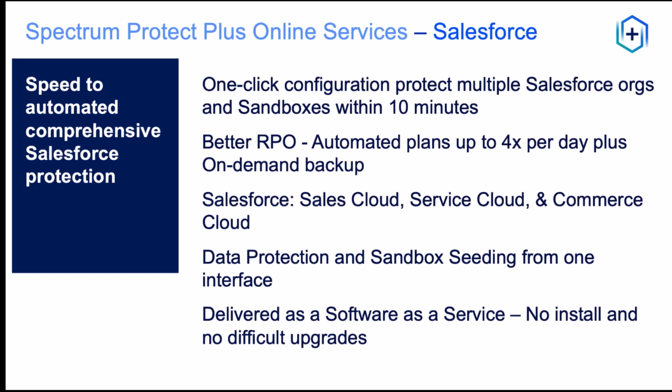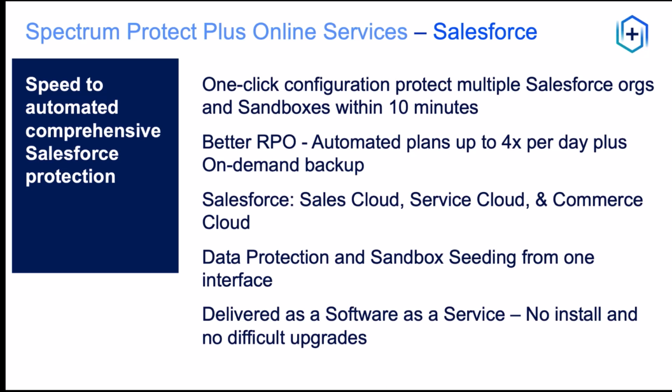First of all, there's no install or upgrade to do. It's automatically installed because it's delivered as a service. And the configuration of the product is very simple. In many cases, it's set up as a wizard. So it takes really only about 10 minutes to set up Spectrum Protect Plus for online services for Salesforce for multiple orgs.